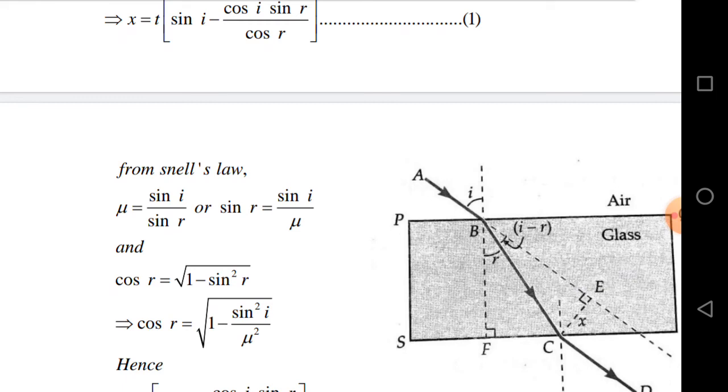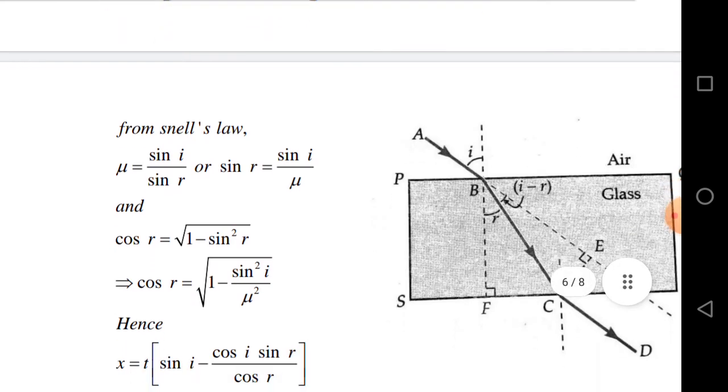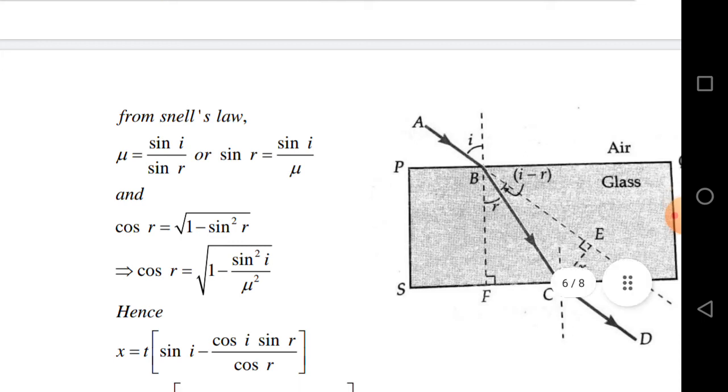I have written the relative refractive index of glass with respect to air as mu. So mu equals sin i by sin r, or sin r equals sin i by mu. And cos r equals root of 1 minus sin square r, so cos r equals root of 1 minus sin square i by mu square.